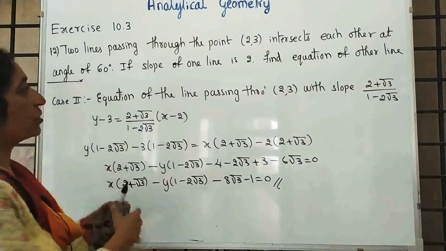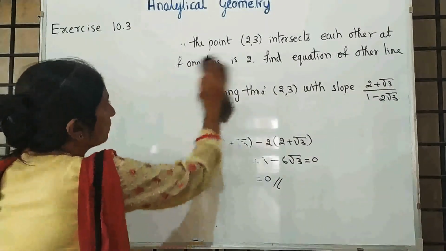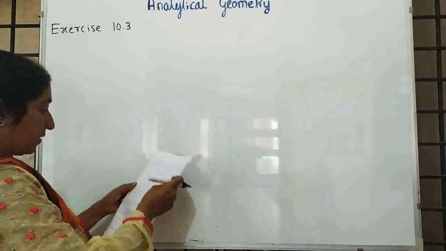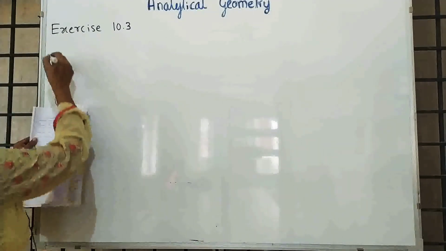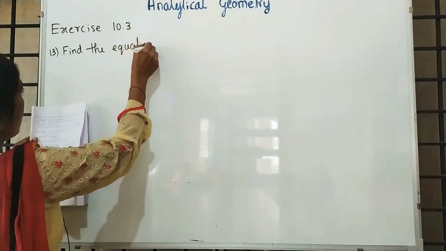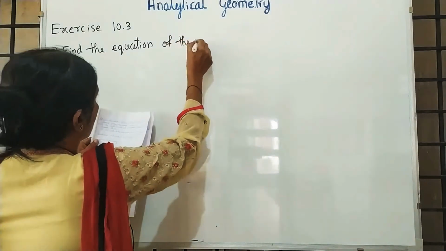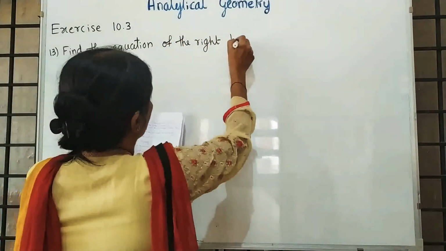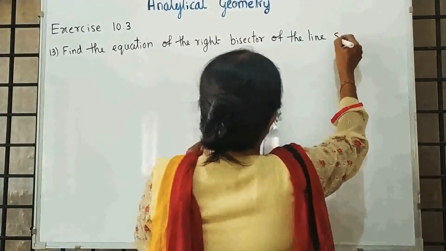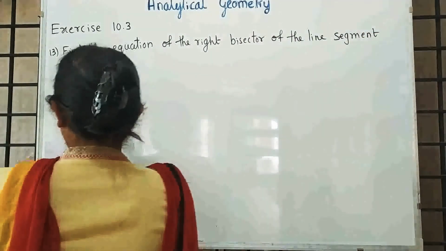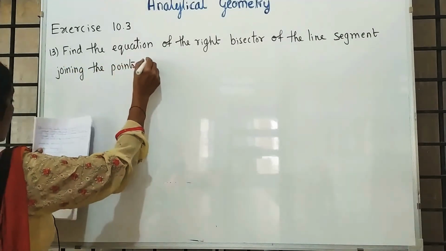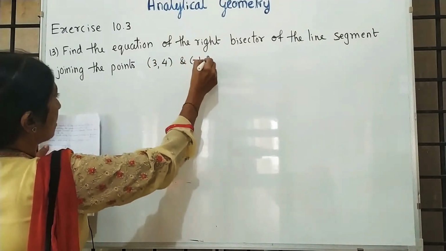Moving to the next question, that is question number 13. Find the equation of the right bisector of the line segment joining the points (3, 4) and (minus 1, 2).